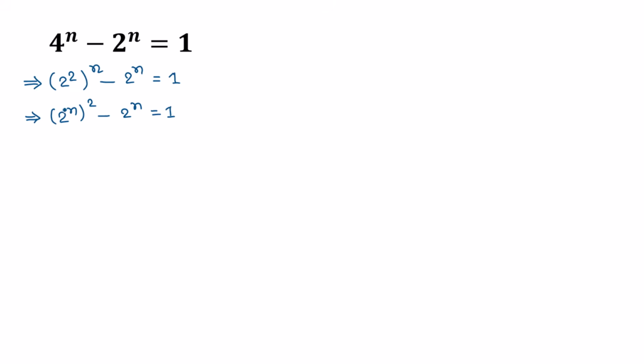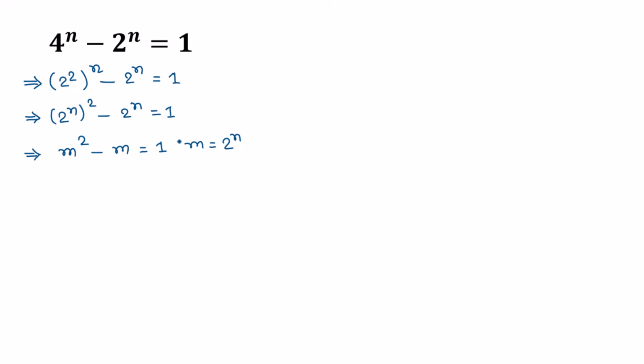Now consider 2 to the power n as m. So we can write m squared minus m is equal to 1, where m is equal to 2 to the power n.